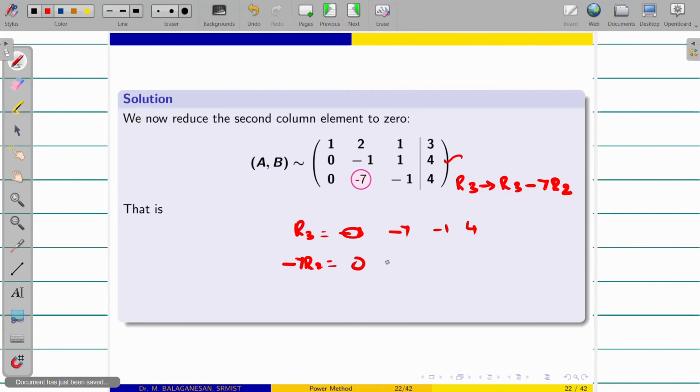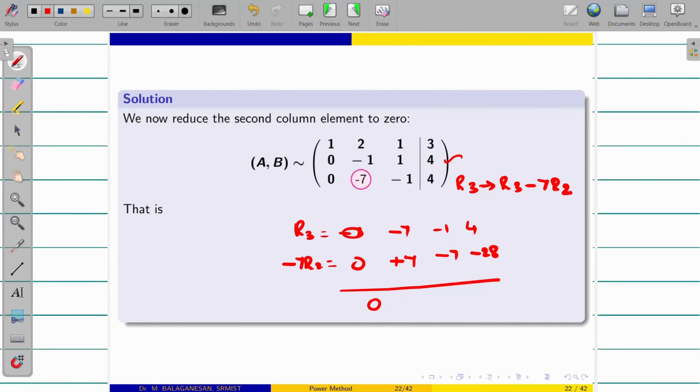So 0 minus 7, already minus is there, so it will be plus 7, and then multiply by minus 7, and then minus 28. Clear? So R3 minus 7 into R2, or multiply this by 7 and subtract both.